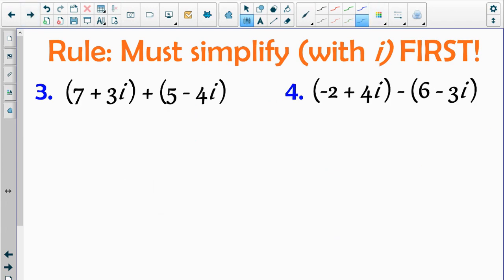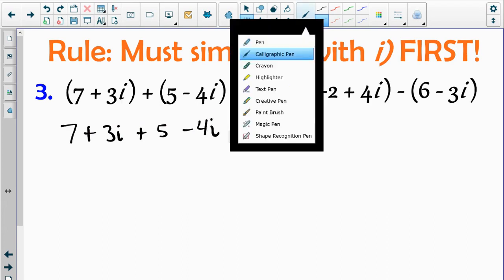All right, so here we get into more complex numbers where we have a real part and an imaginary part written together. So the rule with these is you can add the real parts together and you can combine the imaginary parts together. So just think of this as, here, let's write it without parentheses. 7 plus 3i plus 5 minus 4i.